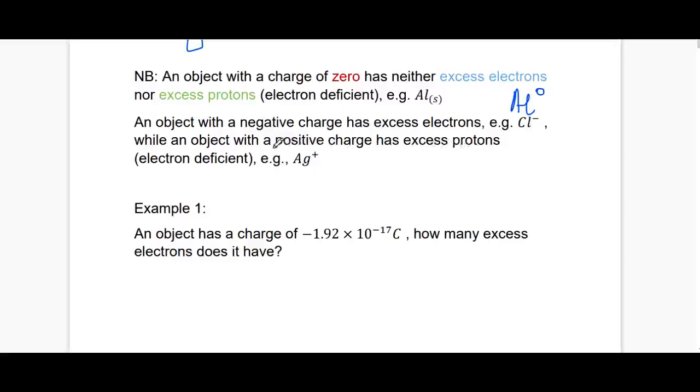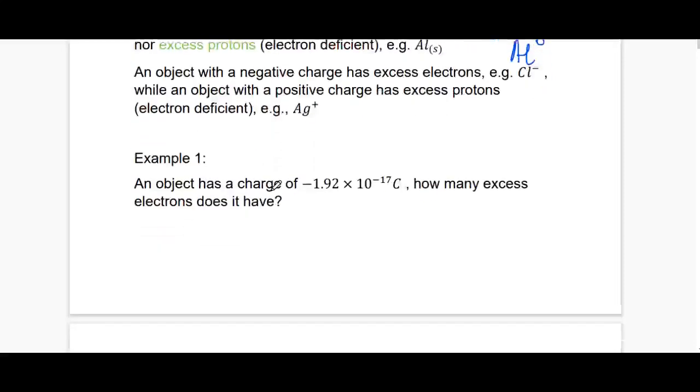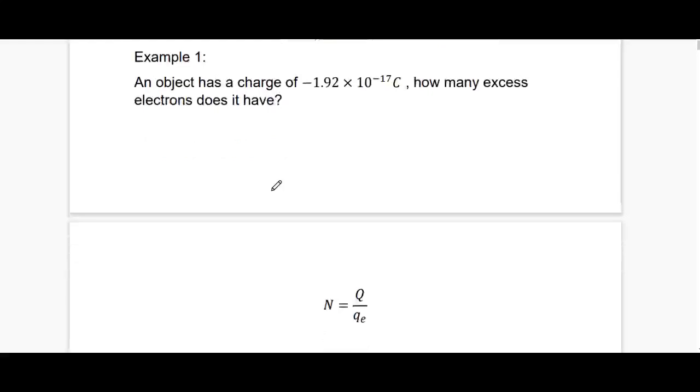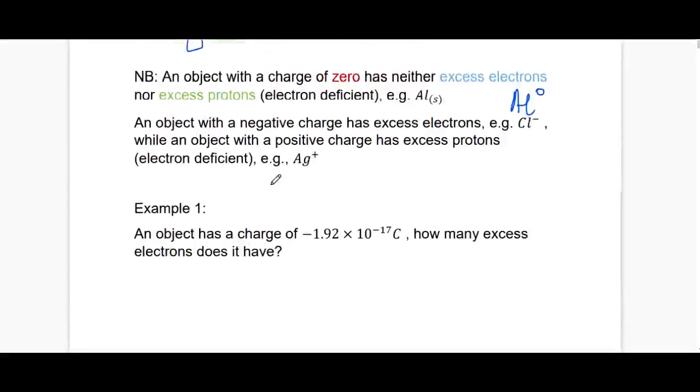So don't be scared. A positive charge has excess protons, or what we can say is that it is electron deficient. And when I say excess protons, I don't mean that protons have been added to that atom. You cannot add protons to an atom.